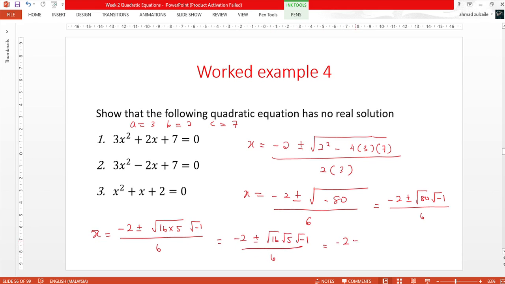Then -2 plus minus 4 square root of 5 i over 6. That will be the final answer. You can leave your answer with the square root of 80 i if you want, but you can actually simplify further, right?